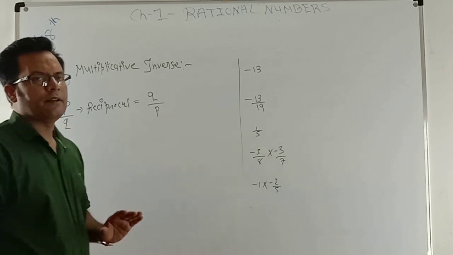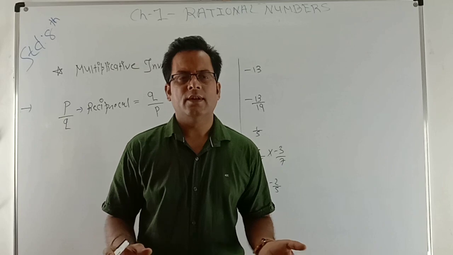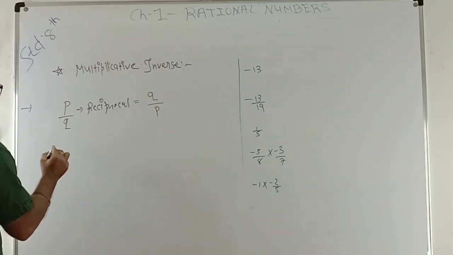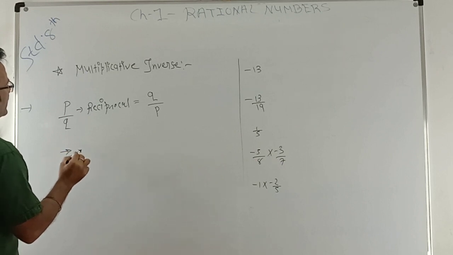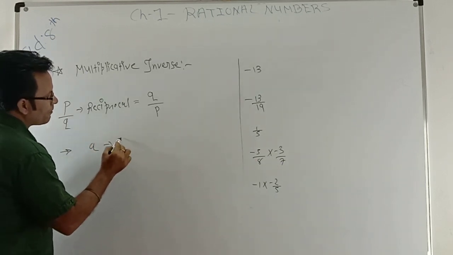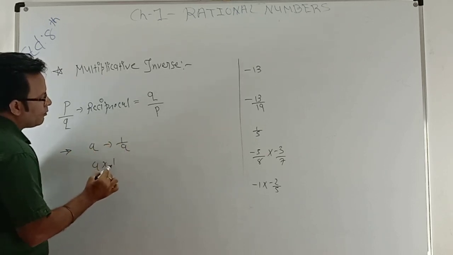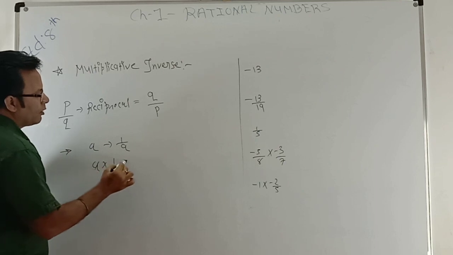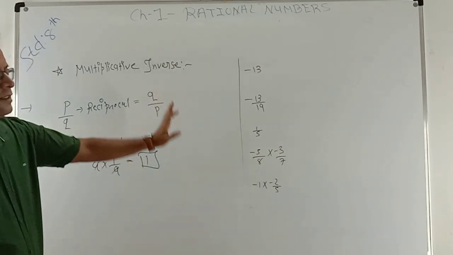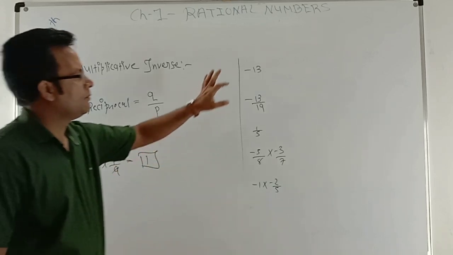See, in additive inverse, we know that the answer becomes 0. Same way here, the answer becomes 1. How? Suppose you have to write the multiplicative inverse of A. Then what will it be? 1 upon A. So A into 1 upon A, what will be the answer? Here the answer will come 1. So this is multiplicative inverse, just you have to make the reciprocal.